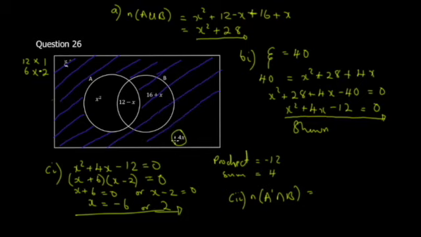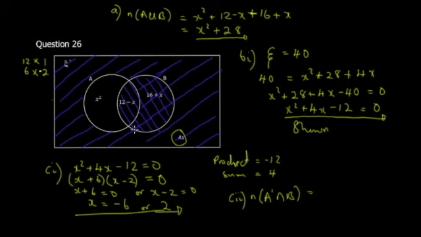Yeah. So intersection B. B is this part. Since you're investigating intersection, you can use diagonal lines slanted in the opposite direction to the lines that we're doing. So you get this. And then what do you notice?